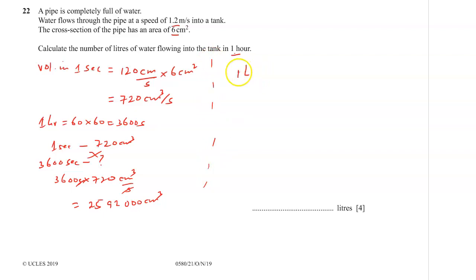We know that 1 liter is equal to 1000 centimeters cubed, and therefore for this one we divide by that 1 liter, 2,592,000 divide by 1000.